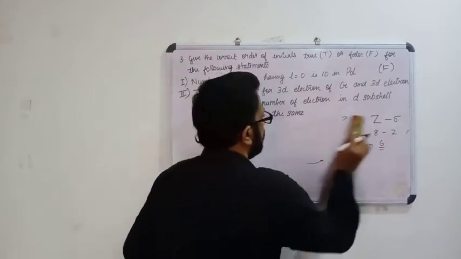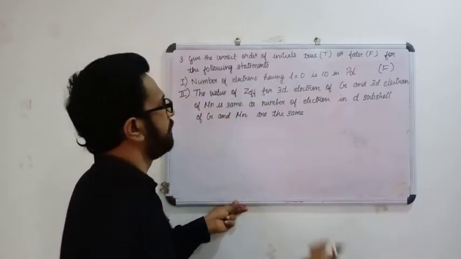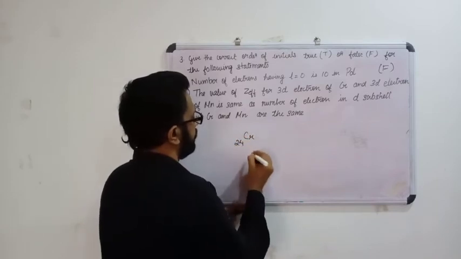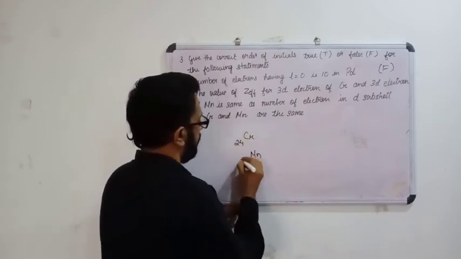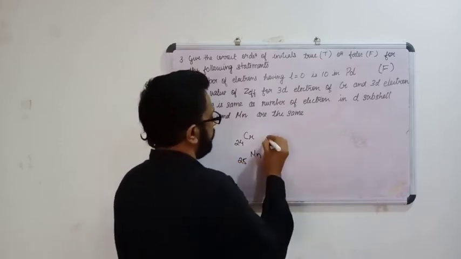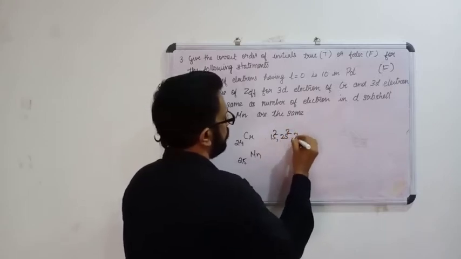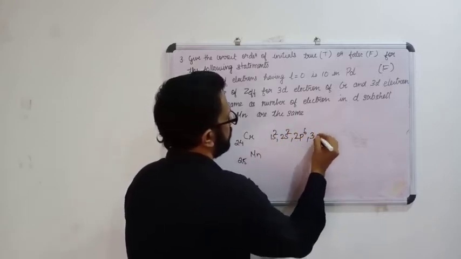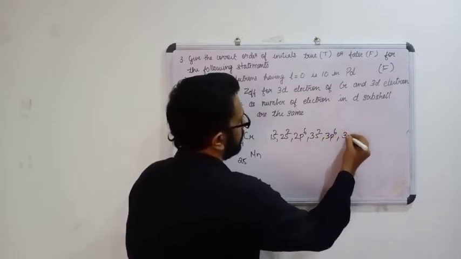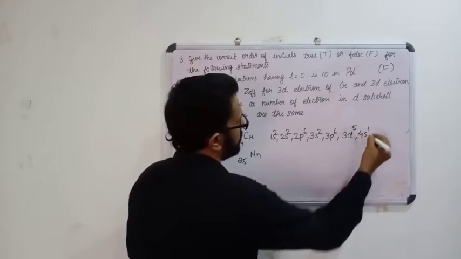Now in the case of chromium and manganese, chromium has atomic number 24 and manganese has atomic number 25. The configuration of chromium is 1s2, 2s2, 2p6, 3s2, 3p6, 3d5, 4s1.